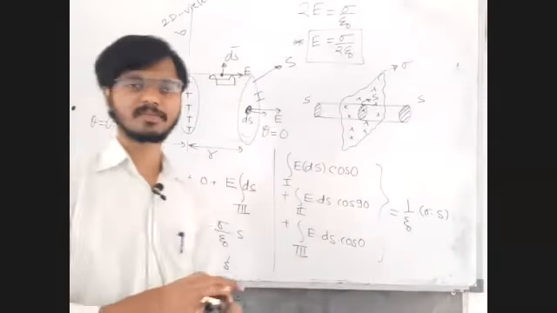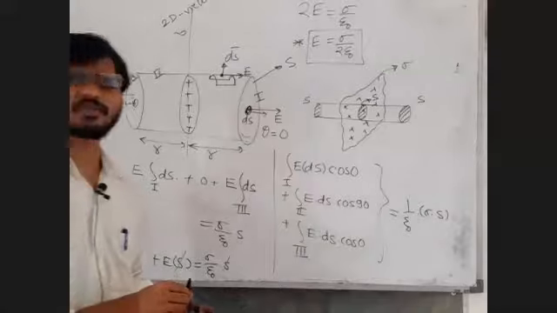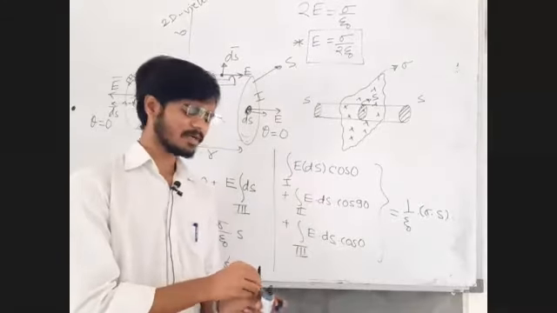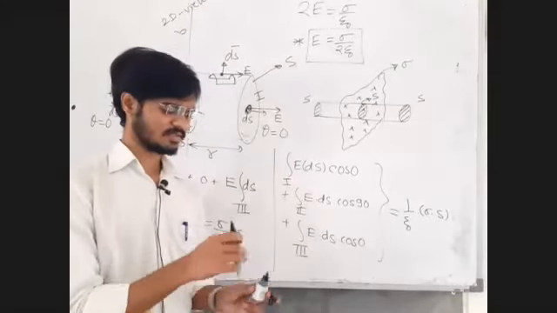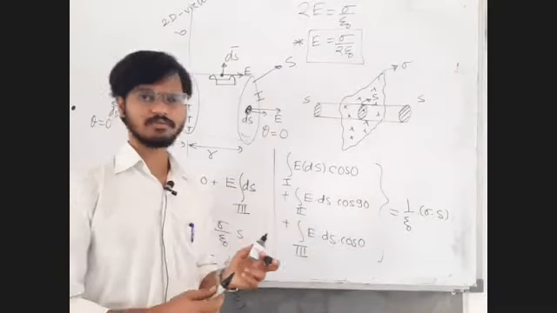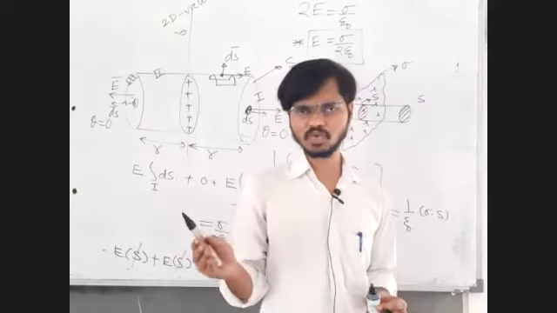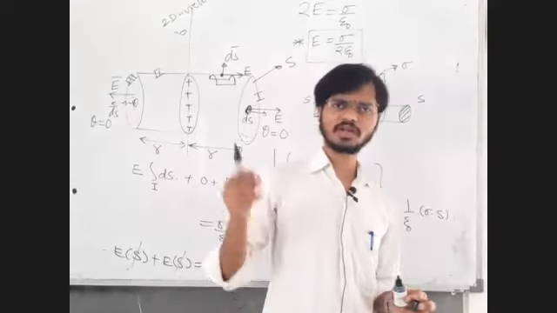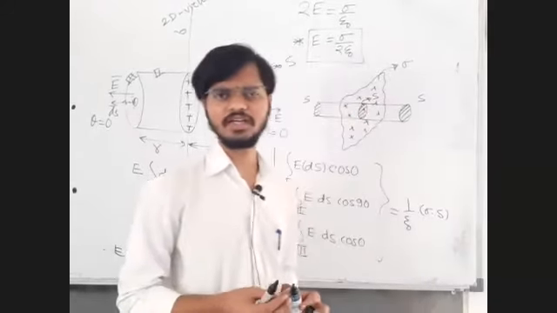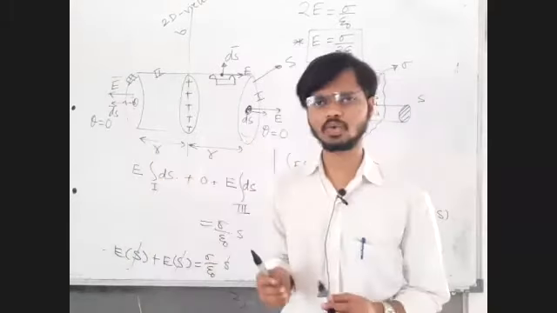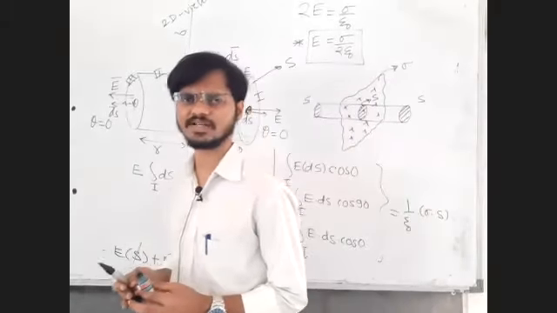Gauss theorem. Gauss theorem is used for what? Finding out the electric field of some particular objects. Because every time using 1 upon 4 pi epsilon 0 q upon r square, or dq upon r square, finding a very small electric field dE and then integrating to find the total electric field is a very tedious task.